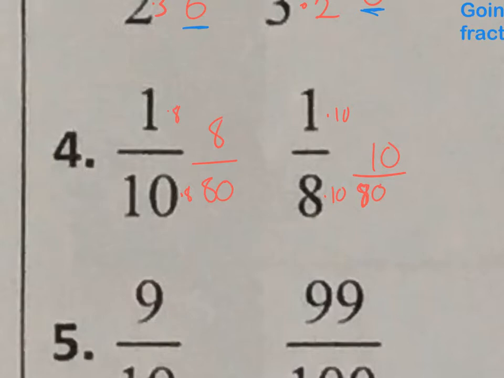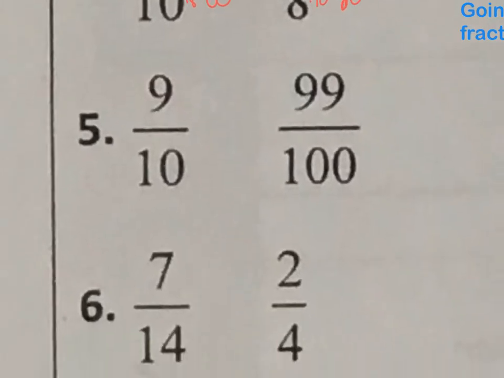So now we could compare the 10 up here with the 8 up here because we have the same denominator, 80, and obviously 10 is greater than 8. So that would be this symbol. Wow, I am just messing up on this thing. Sorry. 10 is greater than 8.